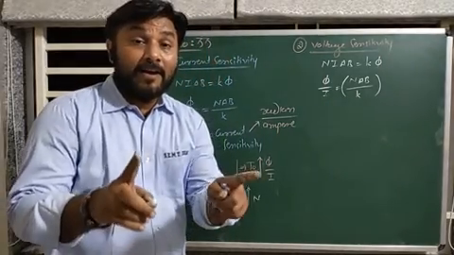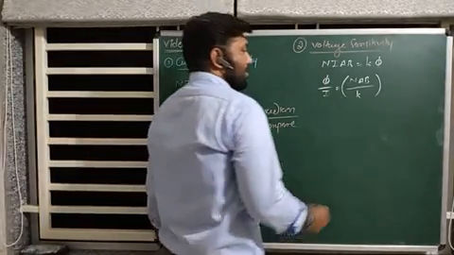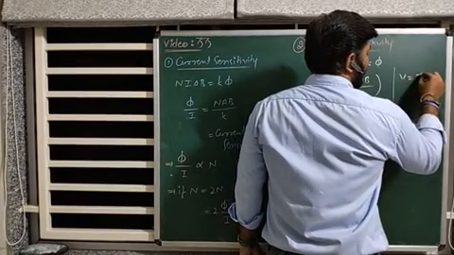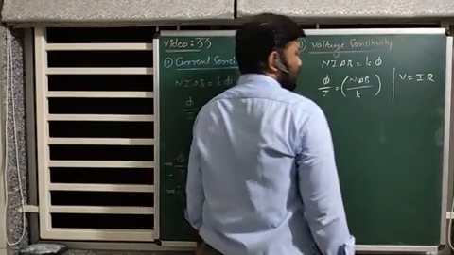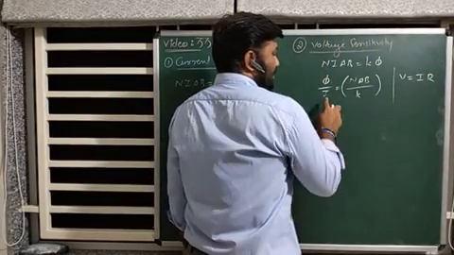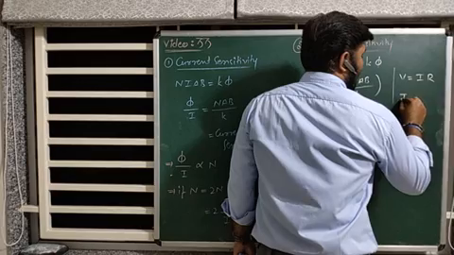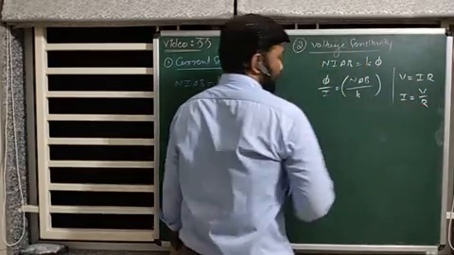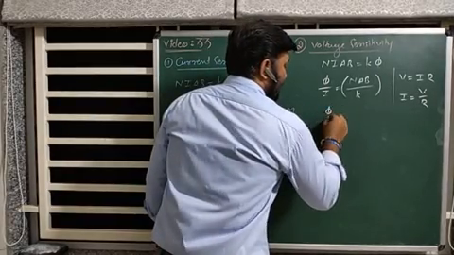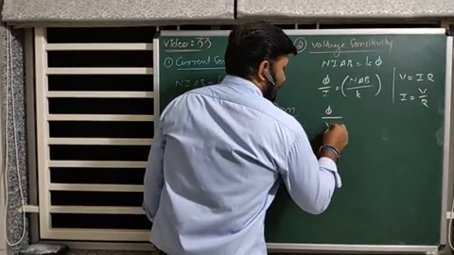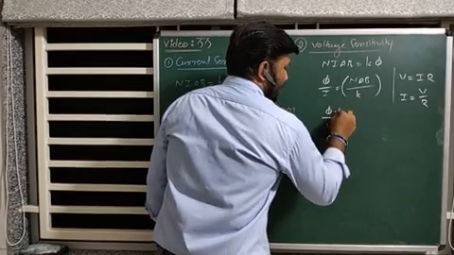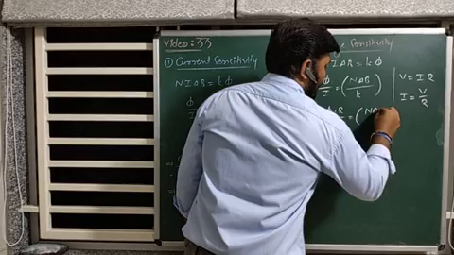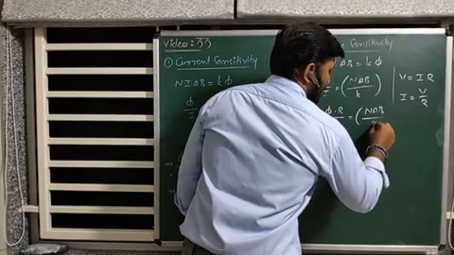We have to bring V. How? We know that V is equal to I R. So instead of I, let us put V by R. Put it here. So we are getting phi by V by R, R will go up, is equal to N A B by K.